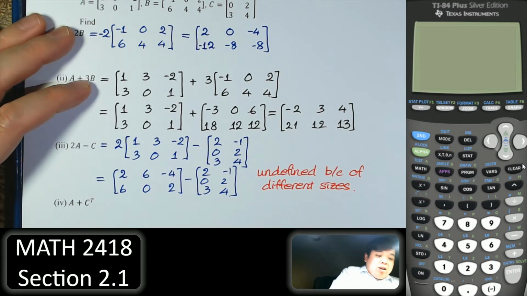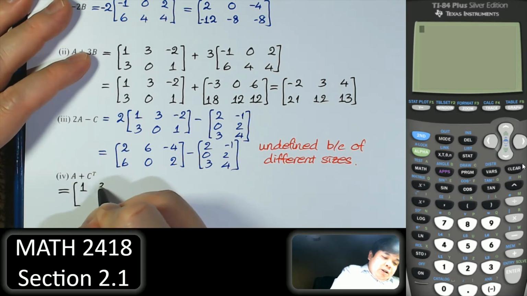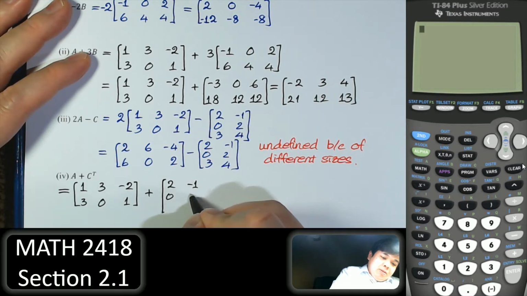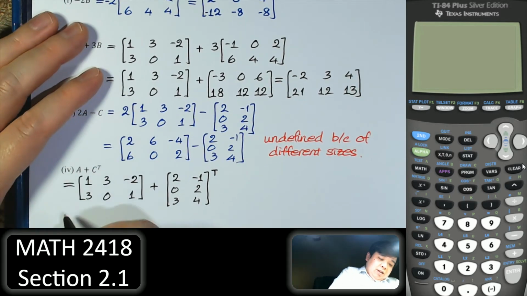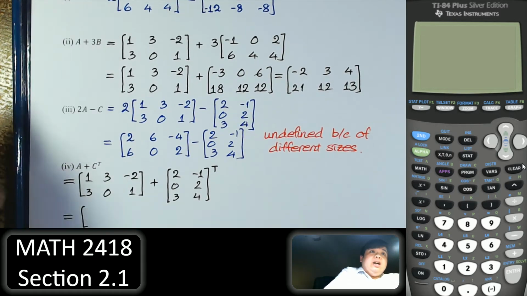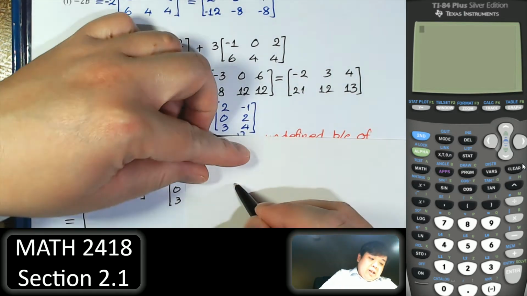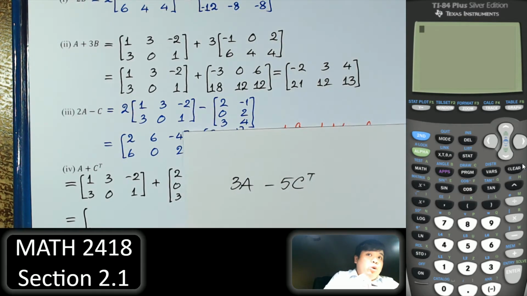Right, next A plus C transpose. So matrix A, 1, 3, negative 2, 3, 0, and 1, plus C transpose. In order of operations, let's say we have something like 3A minus 5C transpose, what do we do first?